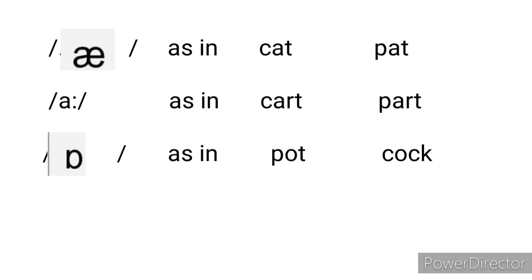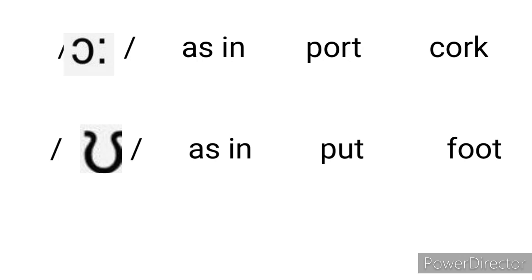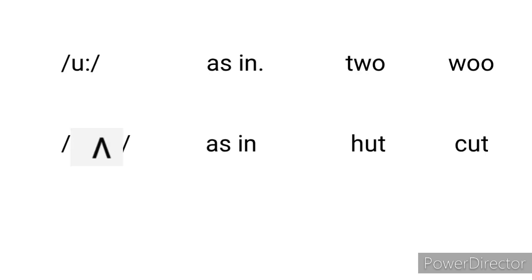We have O, as in pot, cock. 8. We have U, as in put, foot. 9. We have oo, as in two, woo.